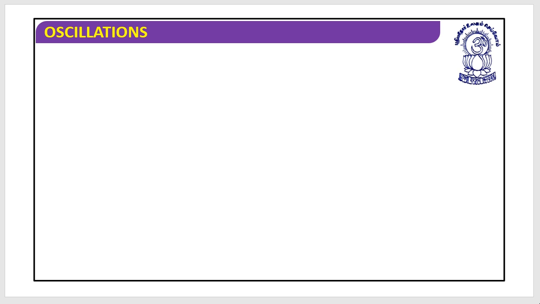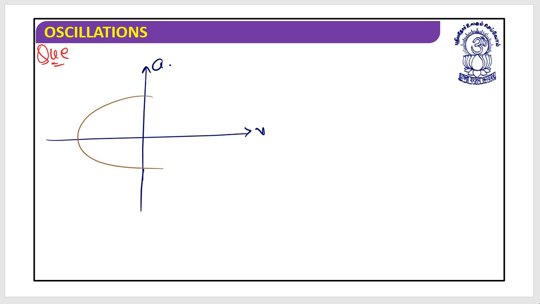The next question is that we have a certain graph for velocity versus acceleration. This is acceleration, this is velocity, and the graph is looking like this. On this axis they have given this value as 20 and this value as, let's say, 10.